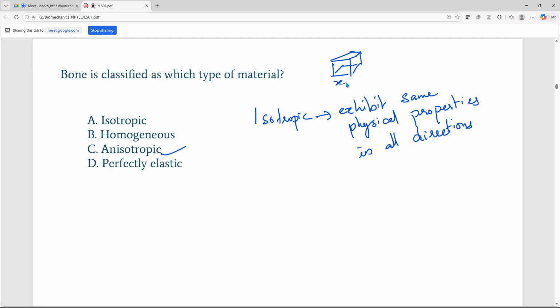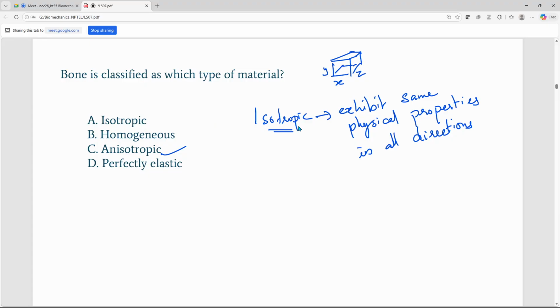In x, y, and z directions, if mechanical properties like mechanical strength, yield strength, or conductivity are the same in all directions, that is, if it has some value in x direction, it will have the same value in y direction also, then such materials are known as isotropic materials.